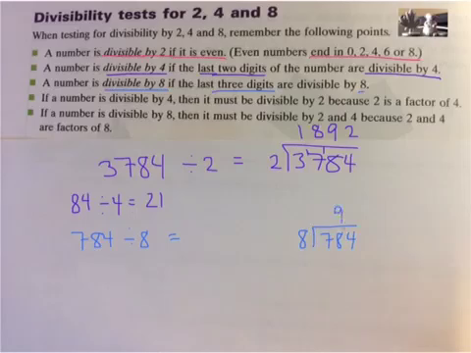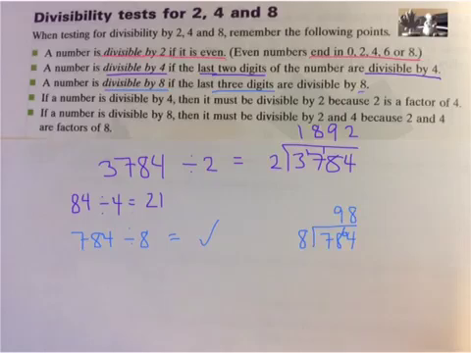So 6 remainder, and 8 into 64 goes 8 times, no remainder. So yes, this number, the last 3 digits, is divisible by 8, so the whole number must be divisible by 8. So we could do it with long division, and we would find that 3,784 is divisible by 8 with no remainders.